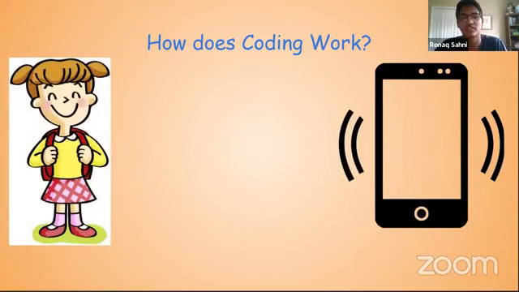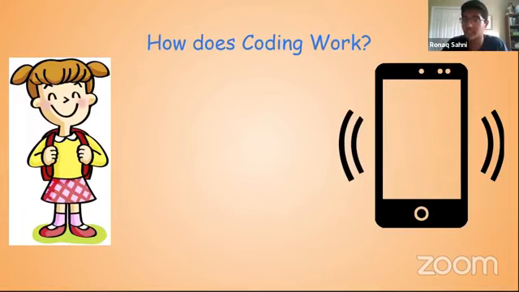So we want the phone to do something, any action. We want the phone to show us something, to play a sound. We need to tell the phone to do that. But we can't tell the phone to do it in English because phones aren't human, right? Humans speak English. Phones have their own language, and that's called coding.